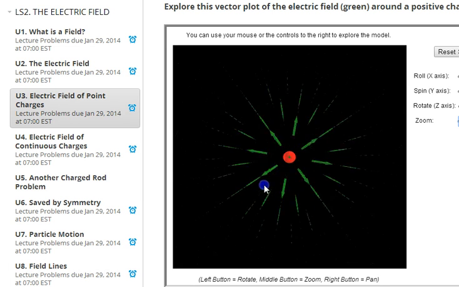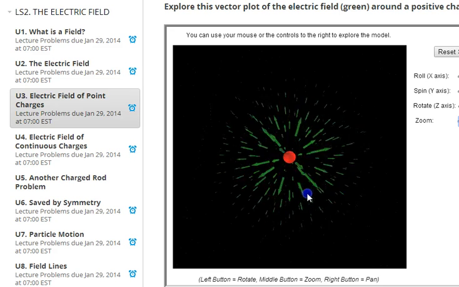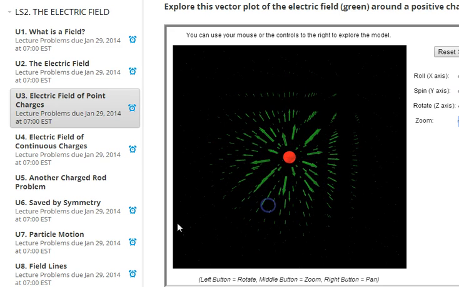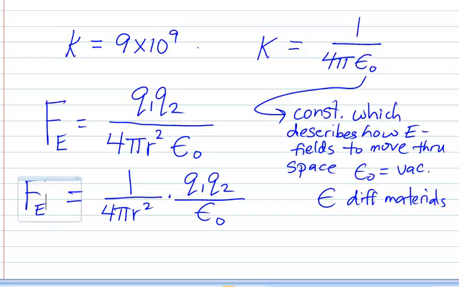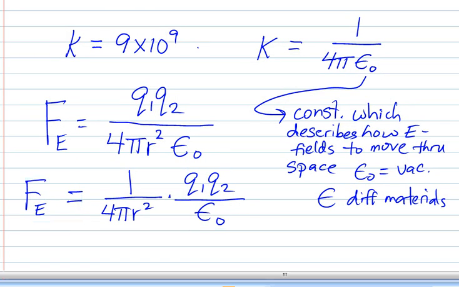Well, I want to think about how much this electric field is spreading out. And so imagine that I take a balloon or some sort of thin membrane and I put it around this charge. And I want to know how many of these arrows are going to go through that surface, okay? Well, let's do it kind of like this, okay?